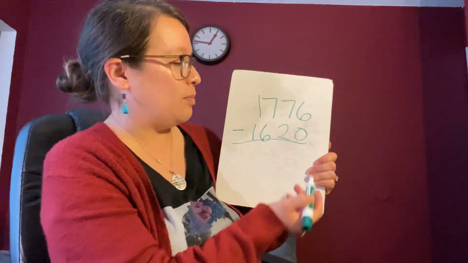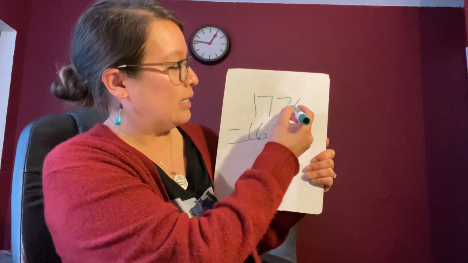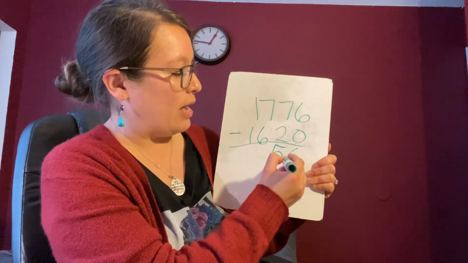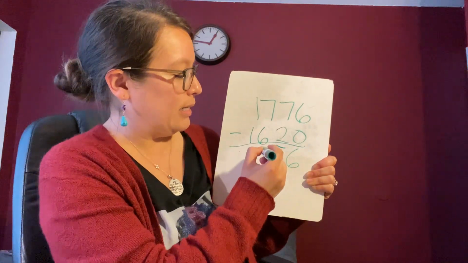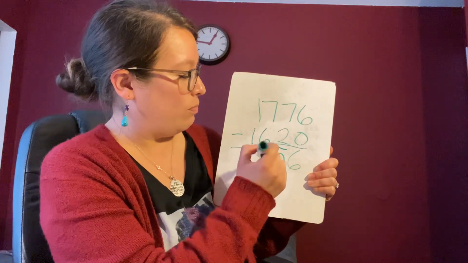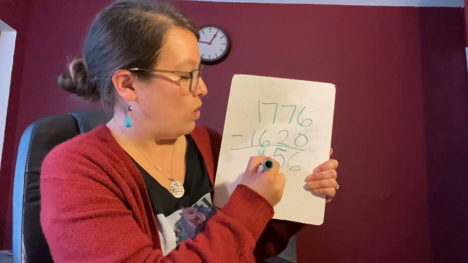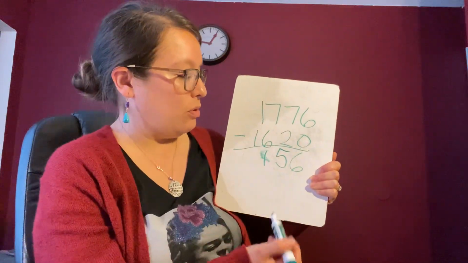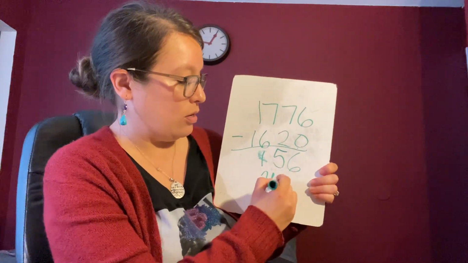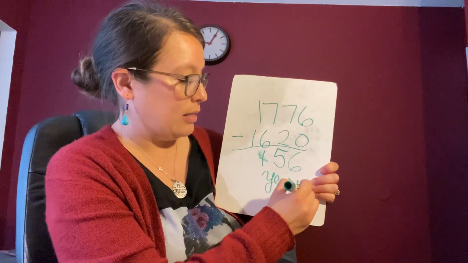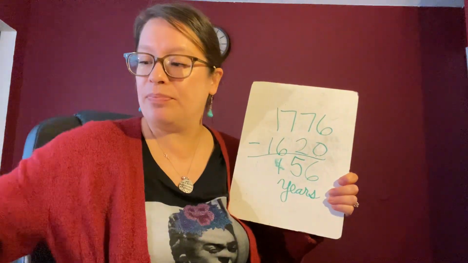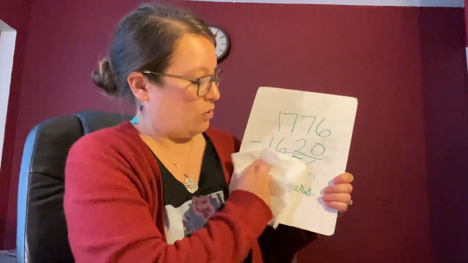All right, so 6 minus 0 is 6. 7 minus 2 is 5. 7 minus 6 is 1. 1 minus 1 is 0. So your answer would be 156 years.